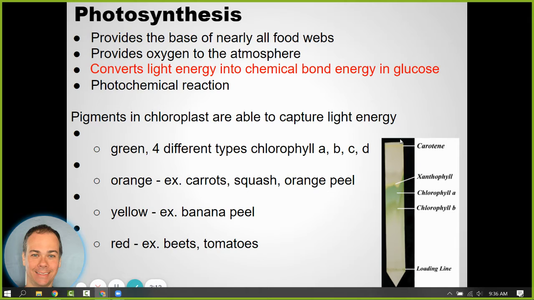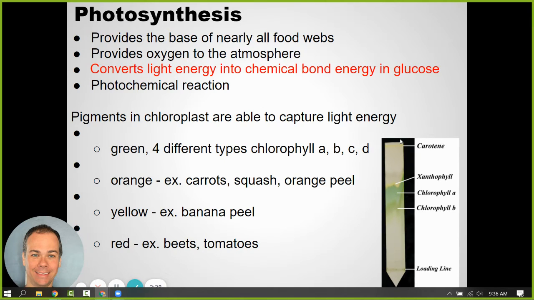The bonds take energy to form and break, and so organisms can actually use that energy to do things that are useful. So we say chemical bond energy is where that energy is. And photosynthesis is called a photochemical reaction. It needs light in order to work. Plants in the dark can't go through the process of photosynthesis.